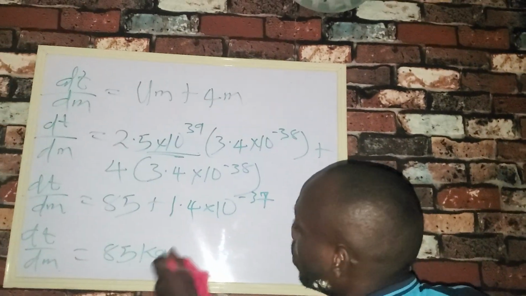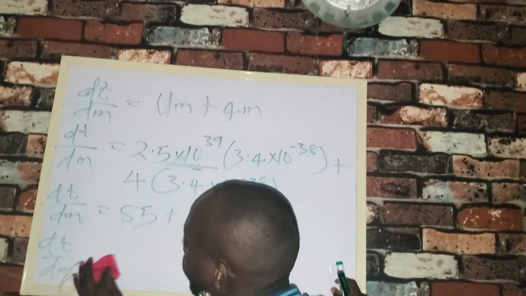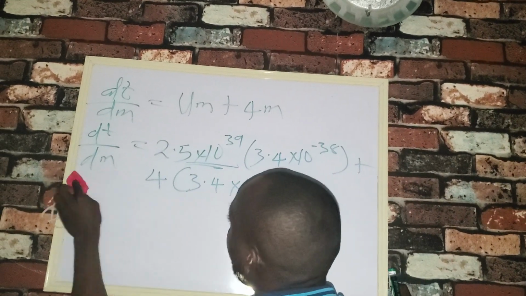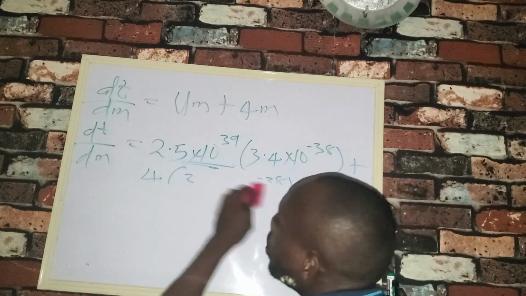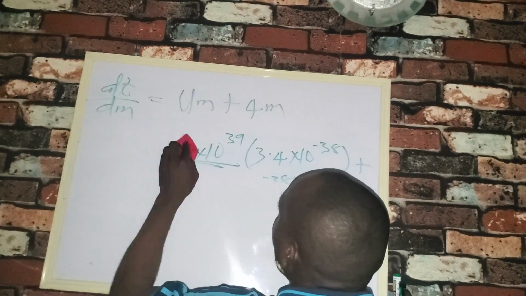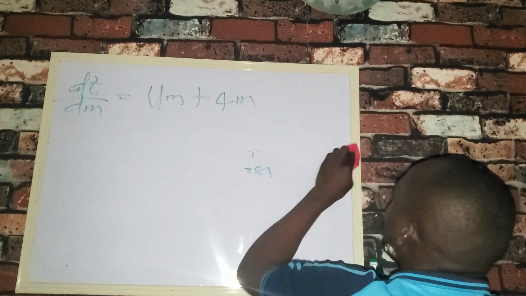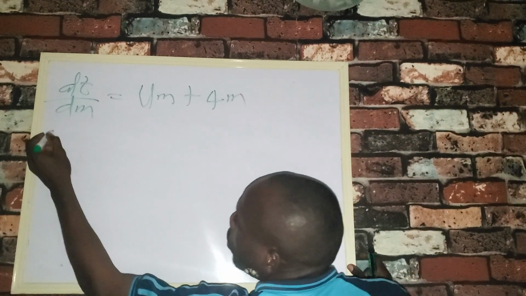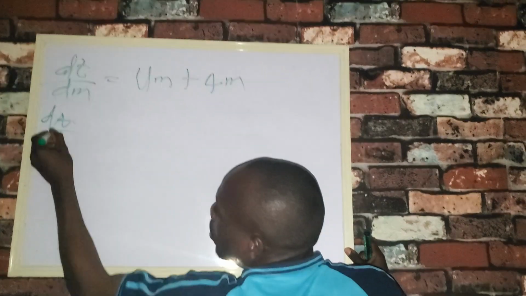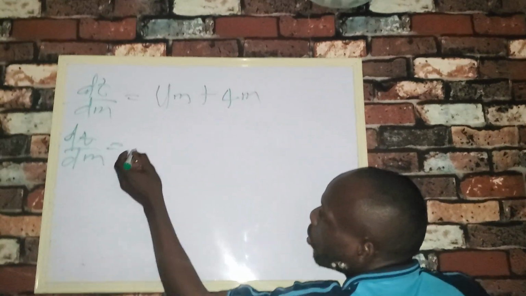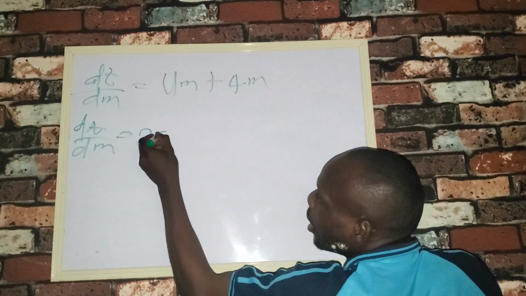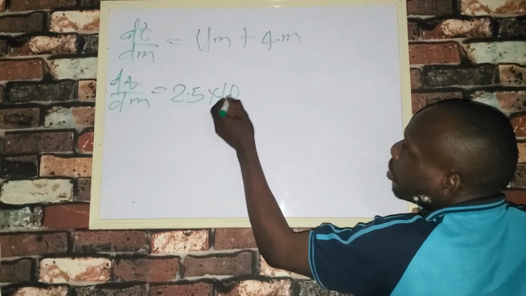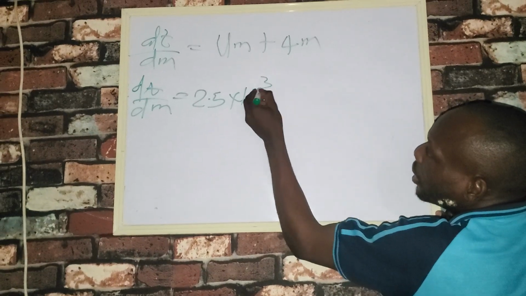Let's quickly do that. So we have our usual constant, which is 2.5 times 10 raised power 39.